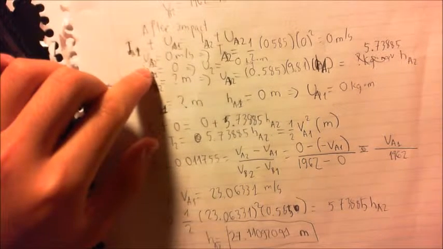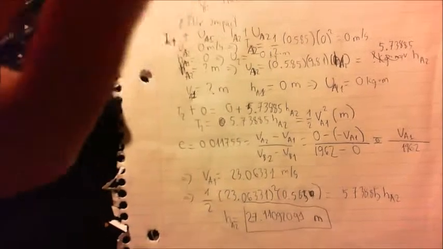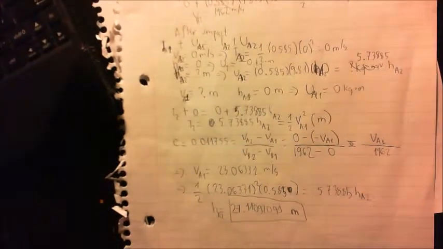This is the final velocity once it bounced off, when it reaches the maximum height right there. This is the initial height, this is the final height once it bounced off. So the velocity right there is 0 because it does not move anymore. Okay, and that's my work right there.